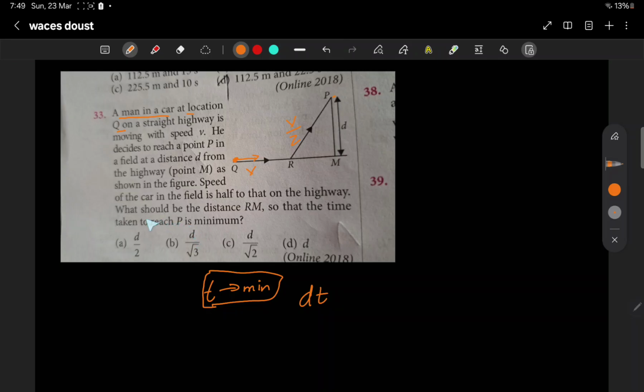Here they have asked what should be the distance of RM so that time will be minimum, so you have to differentiate this with respect to x. In case they had asked what is the minimum distance so that the time taken is very less, we would do dx by dt. Okay, if they are asking the minimum time, then we can do like that.